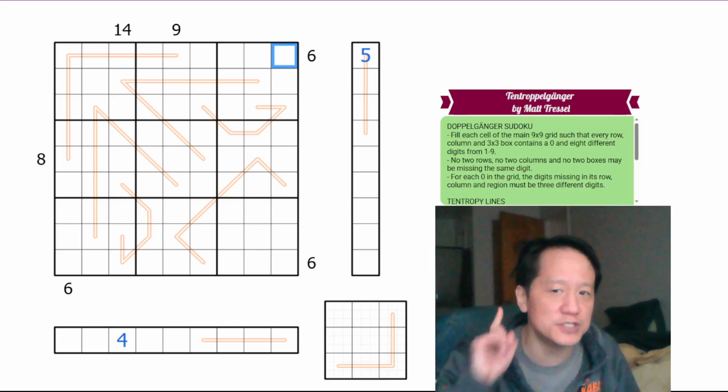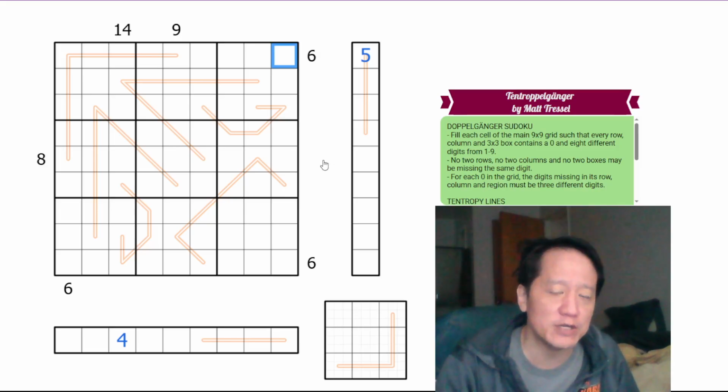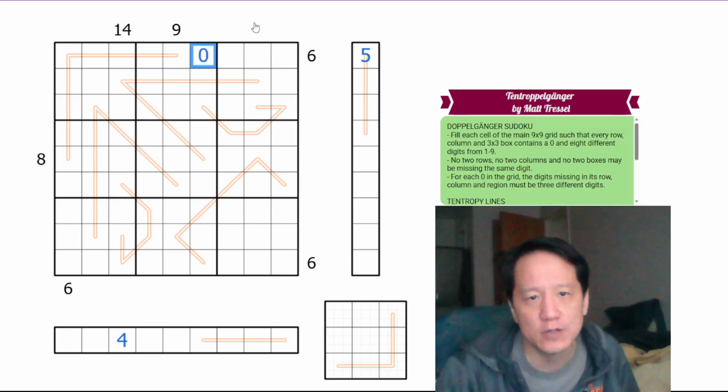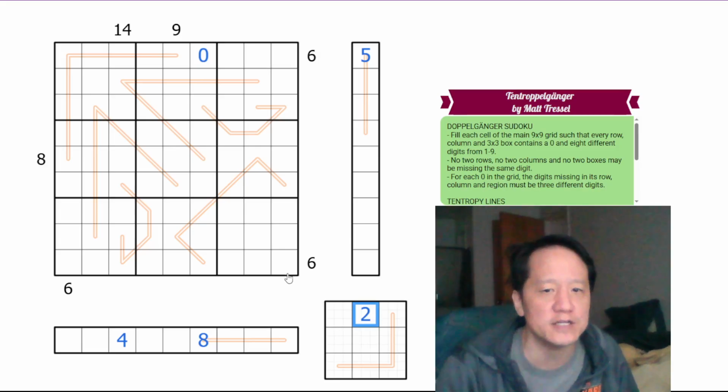For each 0 in the grid, the digit missing in its row, column, and region must be 3 different digits. So say we had a 0 here. It could be missing, say, a 5 in its row, an 8 in its column, and a 2 in its box. But we cannot have the same digit missing in its row, column, or box.